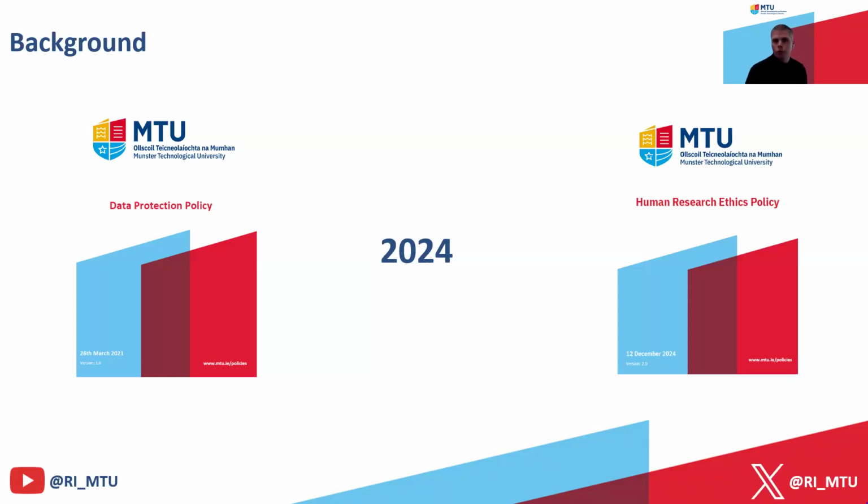In December 24, as approved by the Research and Innovation Committee in the university and the Academic Council, it is now part of the human research ethics process that when a researcher submits an application to the Human Research Ethics Committee, they need to complete the research data protection impact assessment screening checklist at a minimum. And if they tick yes to any of those options, then they need to pause. They can't submit the application to the HREC. They first need to complete a data protection impact assessment, and that has to be done before an application can be processed through the Human Research Ethics Committee.